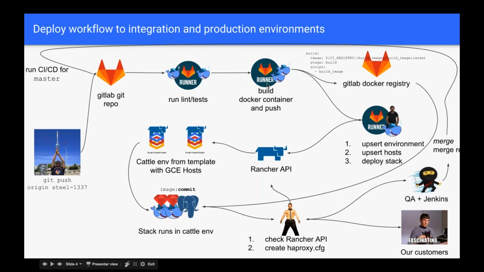It will also build a Docker image and push this Docker image to our GitLab Docker registry. And in a stage after the image has been built, it will also run a GitLab Docker runner with the Shire Docker image to deploy the software.